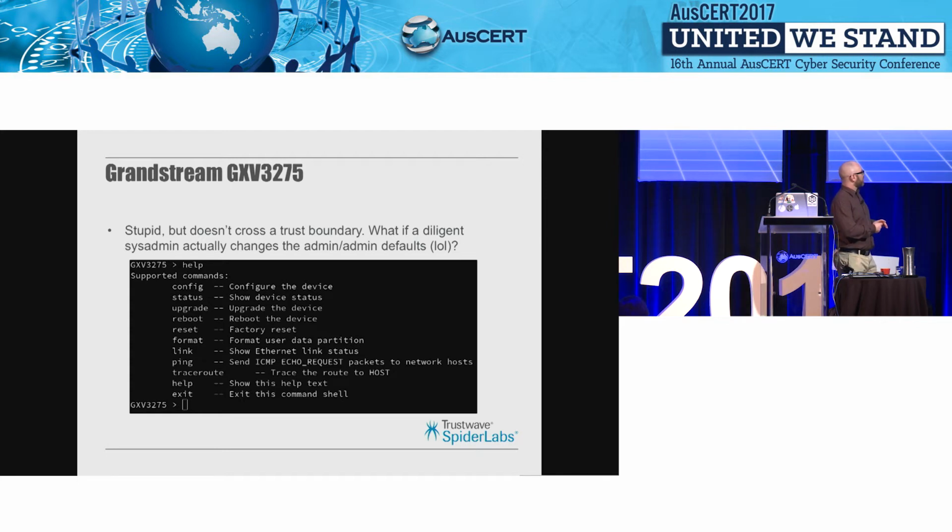The other way in that we found was to SSH in. Once you SSH into the device, you get this shell. The way that we're able to cross a trust boundary here is that you can SSH in as the unprivileged user, as user123 rather than admin.